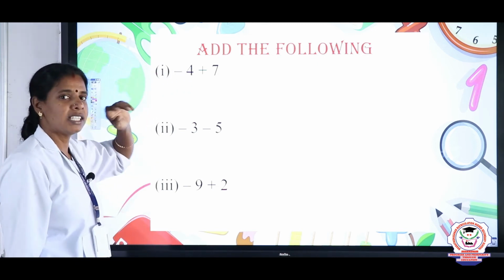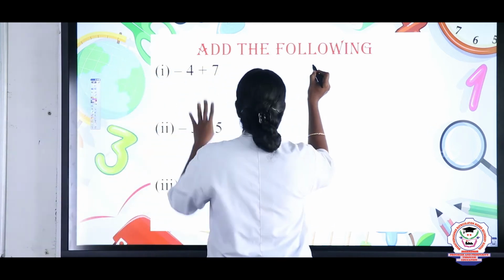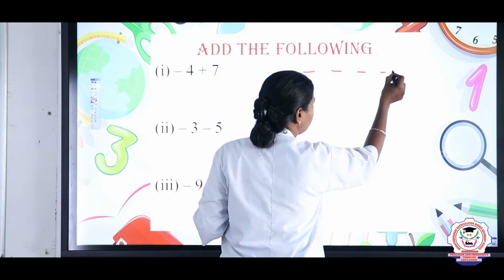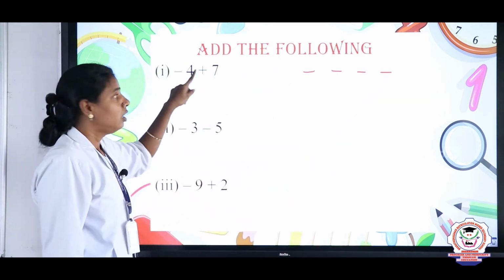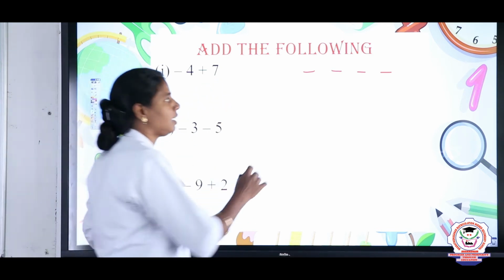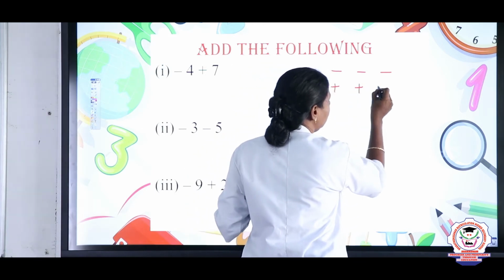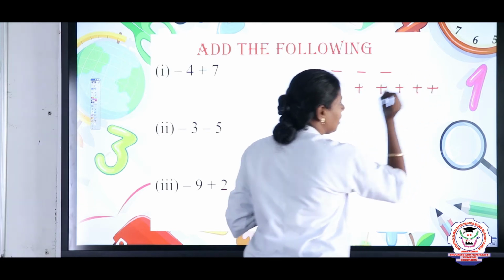Minus 4 is a negative integer, so I am going to take the negative sign 4 times: 1, 2, 3, 4. And then positive plus 7, so I am going to take the plus symbol 7 times: 1, 2, 3, 4, 5, 6, 7.